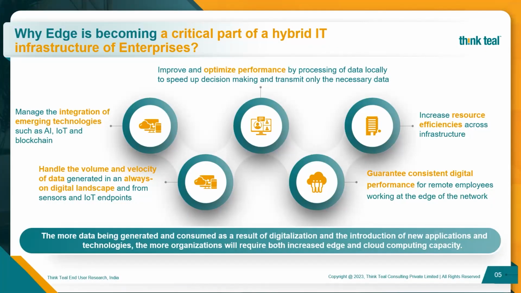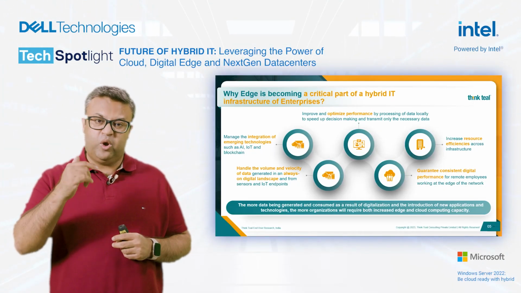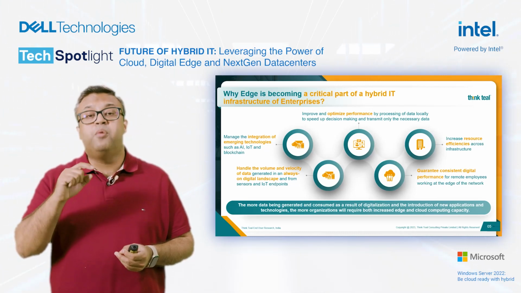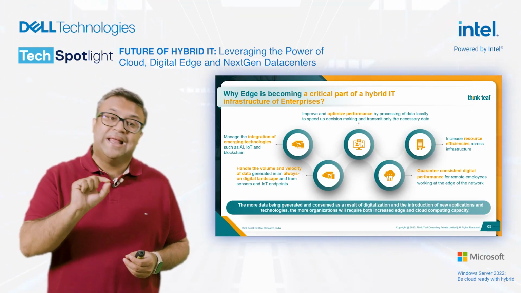So, for instance, to name just a few, to improve and optimize performance, because the data is locally stored, you work on the principle of low latency. And because you're processing the data locally, you can focus only on the necessary data.